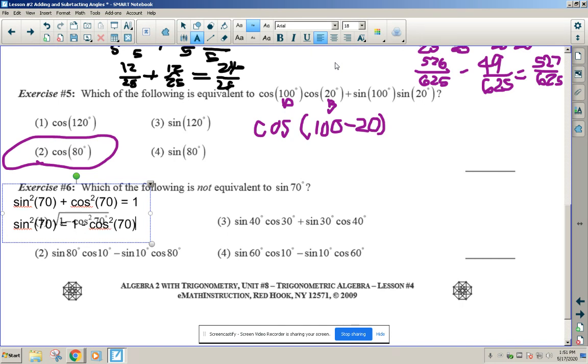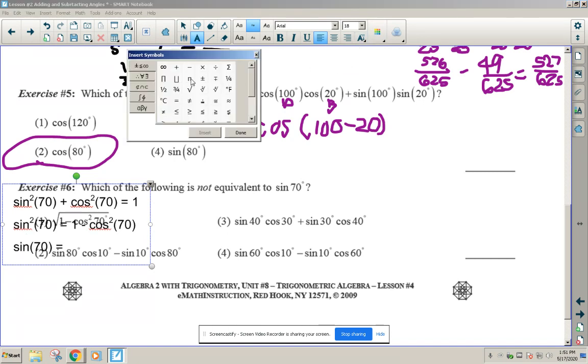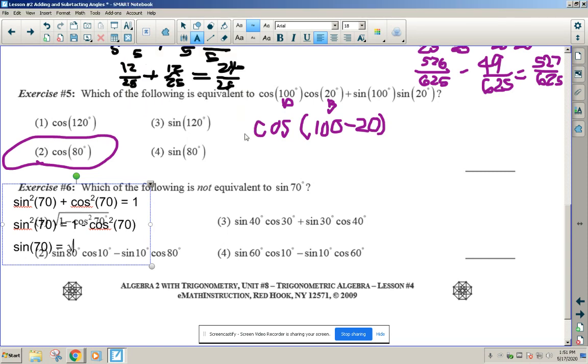And then if I don't want the squared anymore, then we would have to square root. And if I were to square root, I would have the sine of 70 degrees, and that would be equaling now the square root of 1 minus the cosine squared of 70 degrees.